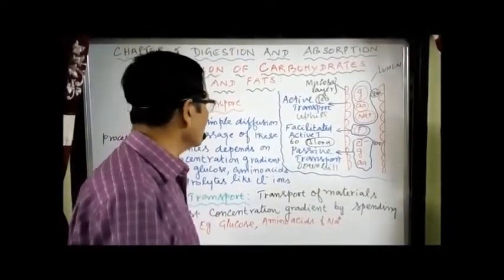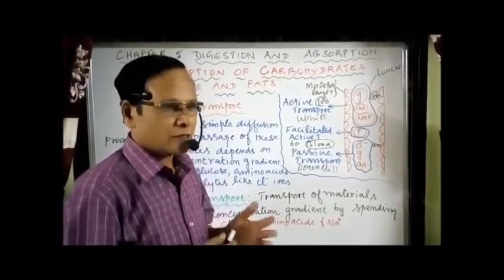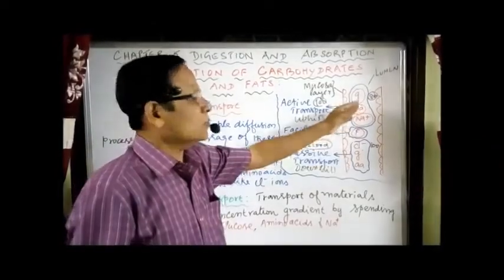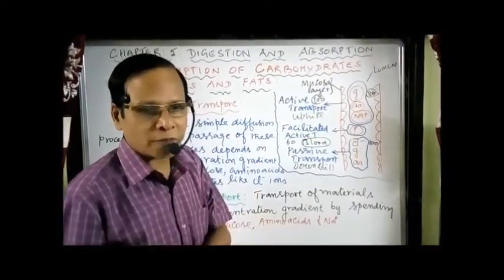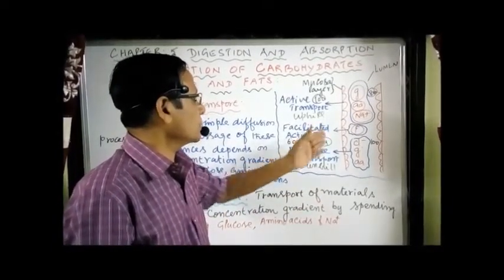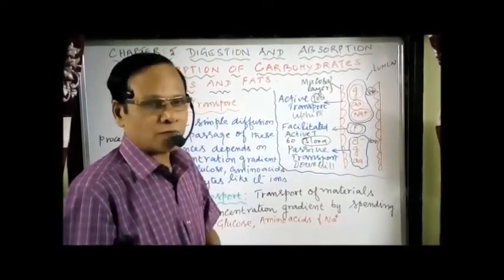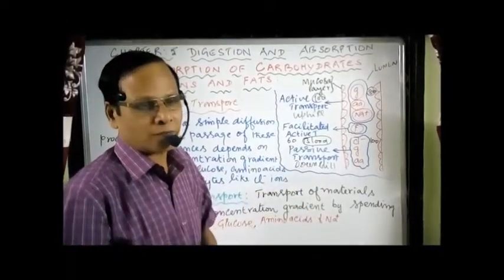Now another one we call facilitated active transport. Here the molecules are moving on their own, whether with the help of energy or without the help of energy. But what do you mean by facilitated active transport? The transport of materials with the help of a carrier molecule.